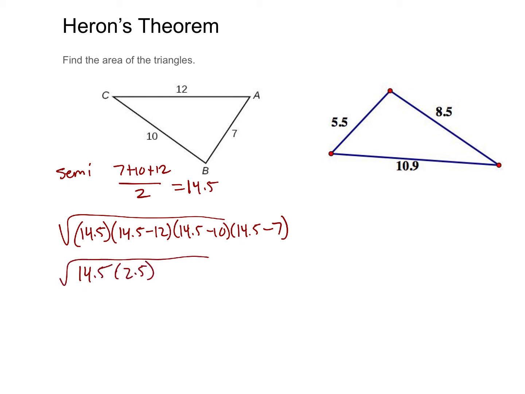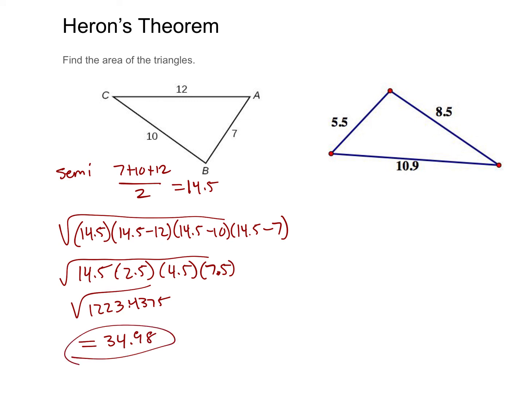That's going to be 2.5, that will be 4.5, and that will be, I'm sorry, apologies, 7.5. So now multiplying everything together, and absolutely do some calculator mashing here, gets me 1223.4375. Square root that, and you should get 34.98. And that'll be my answer. Label it units squared, but that's going to be your area of this thing.